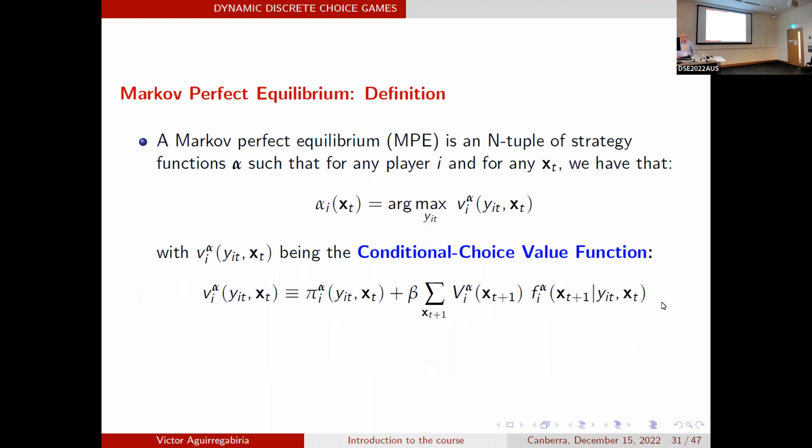Using this description of a single-agent dynamic programming problem as a best response, we can describe a Markov perfect equilibrium as an n-tuple of strategy functions such that every player is best responding by solving this dynamic programming problem.